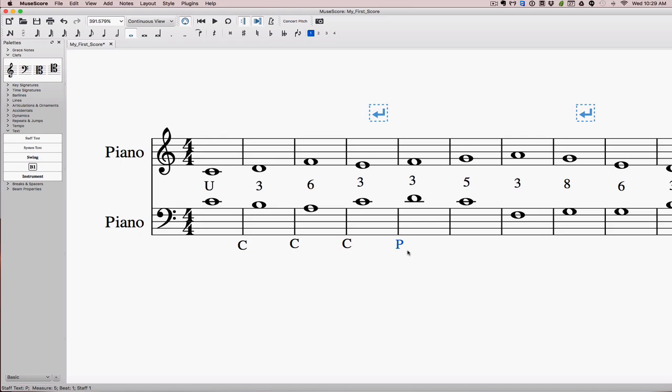We can do parallel motion with sixths. We cannot do parallel motion with fifths, right? If these were both fifths, one fifth going to another fifth in the same direction, we've got problems. That is bad, bad, bad. So we can do parallel motion, but only between imperfect consonances, thirds and sixths.